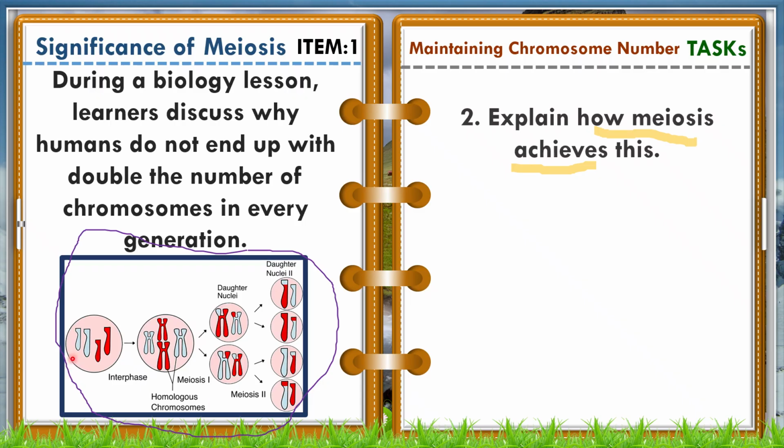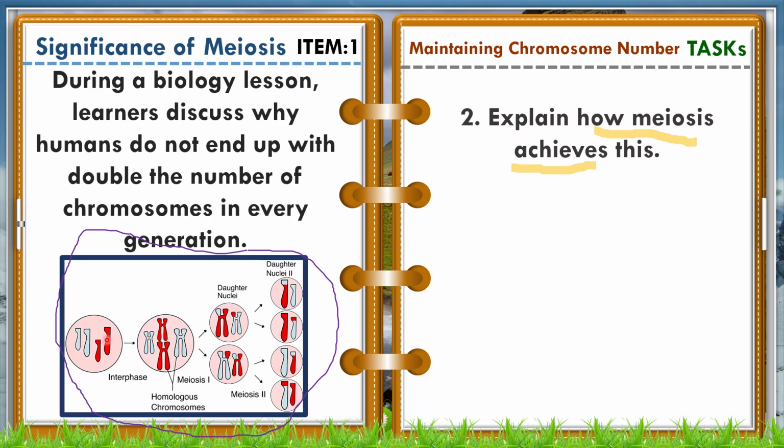When you look at the beginning here, this is during interphase. In interphase, we are seeing the chromosomes, and the chromosomes are duplicating to form sister chromatids.